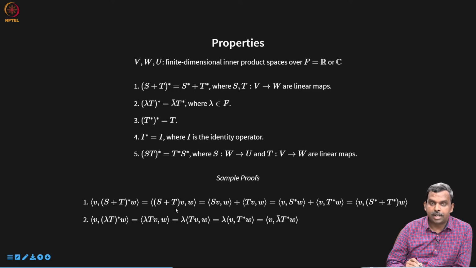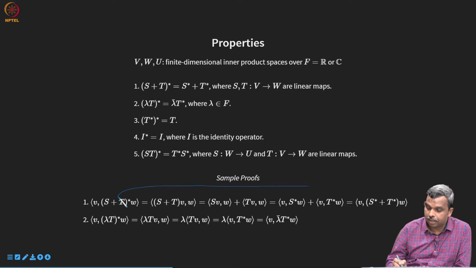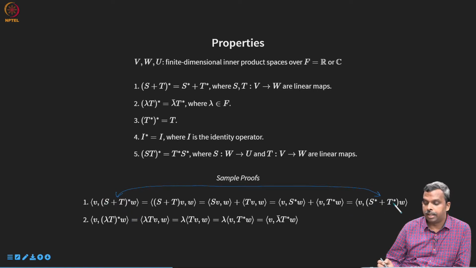Since inner product is additive in the first argument, you will get SV comma W plus TV comma W, and then you use the adjoint property on each of these individually. So SV comma W is V comma S star W, TV comma W is V comma T star W. Now you use the additivity in the second argument, and you will get V comma S star plus T star W. If you compare the first and the last, you have your equality. So S plus T whole adjoint is S adjoint plus T adjoint. Is that okay? So you have that whole relationship.